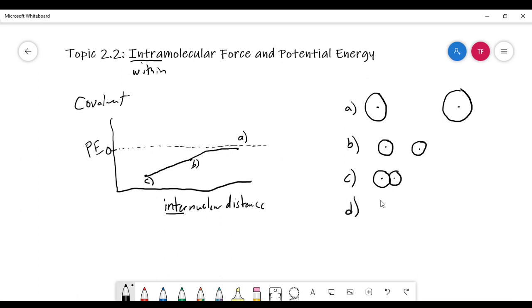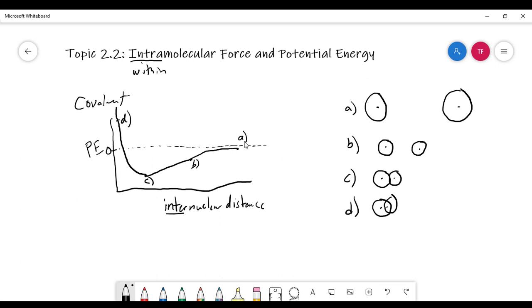So I'm going to call this point D, where the two atoms are way too close together. There's the first atom, there's the second atom. I didn't even draw that very well, but the nuclei are so close together that they repel each other with a great force, and we start getting a huge increase in potential energy. So D would be some point up here on this graph where the nuclei are too close and they're repelling each other.